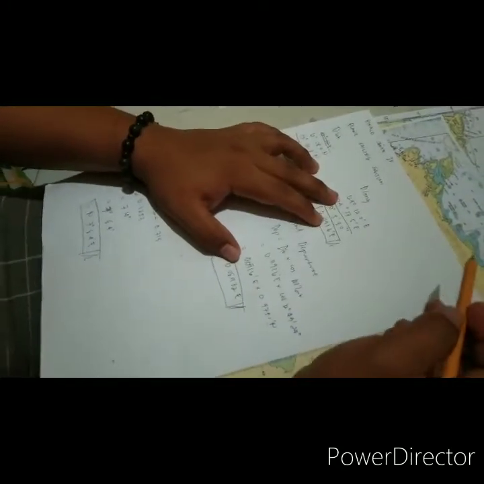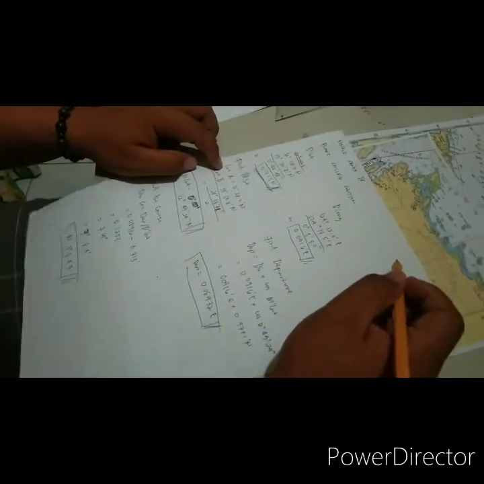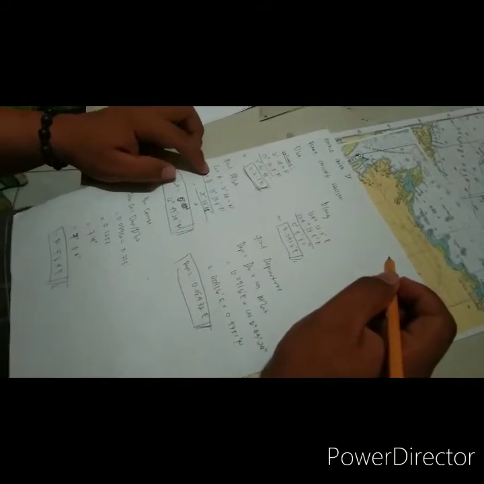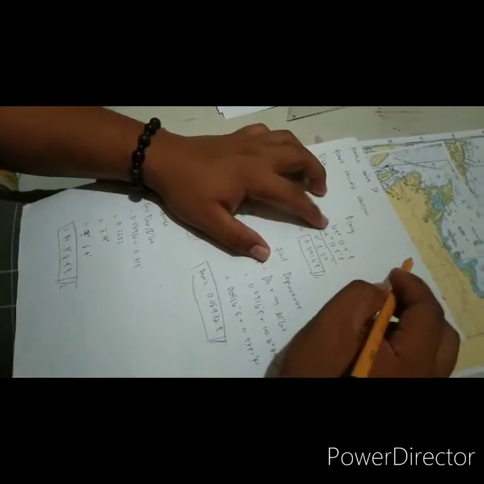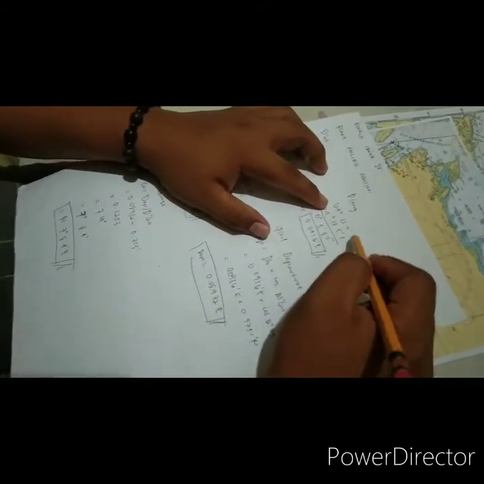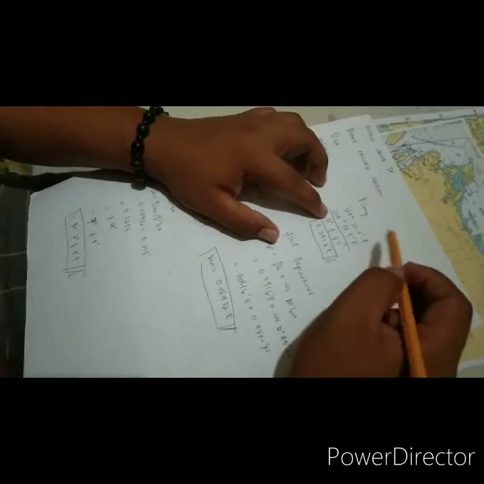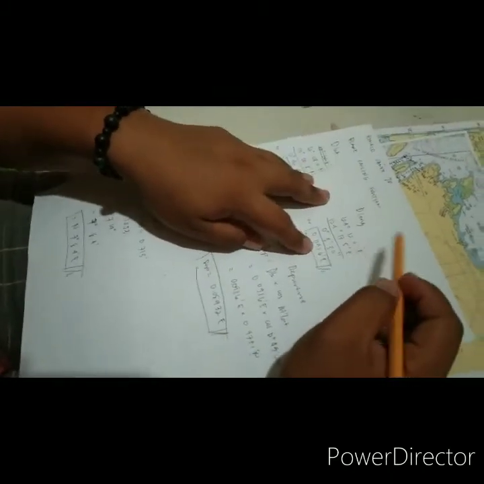Next, we must find the difference of longitude in order to find the MLAT and the departure. The given longitude in waypoint 4 is 124 degrees 12 minutes east, and waypoint 5 is 124 degrees 17.5 minutes east.